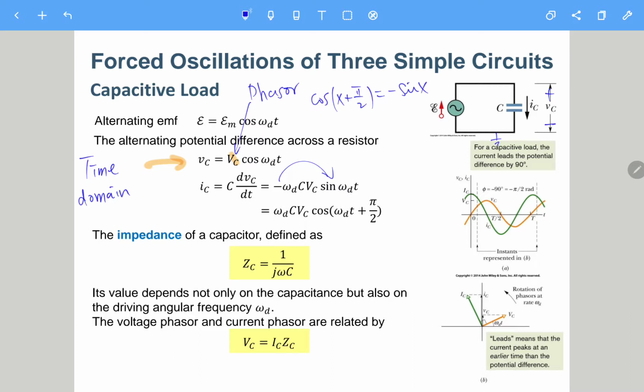So yeah, I hope you still remember the trigonometry identity for this special angle. So actually we can just put this one back to here. So cosine of omega t plus pi over 2, where pi over 2 is 90 degrees, which is negative sine omega t.